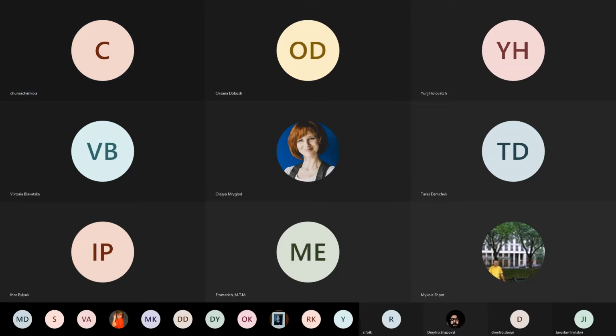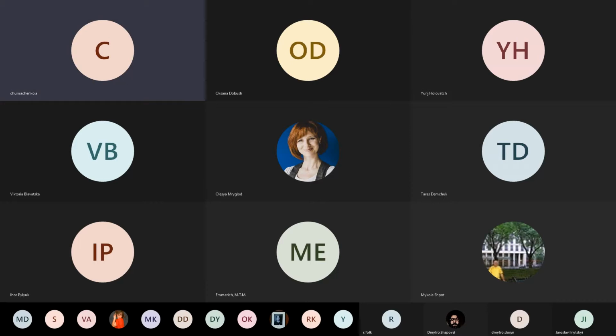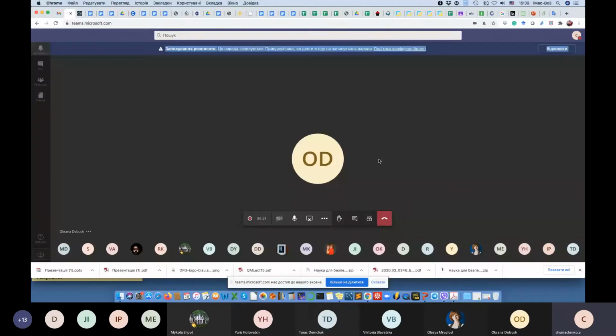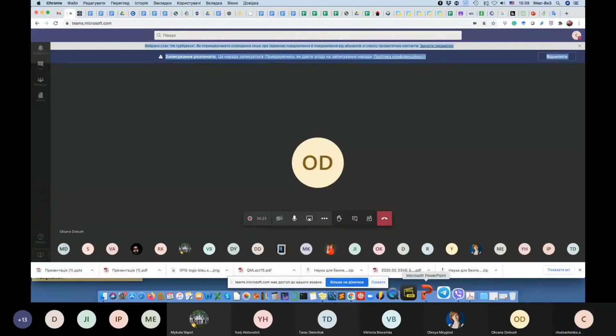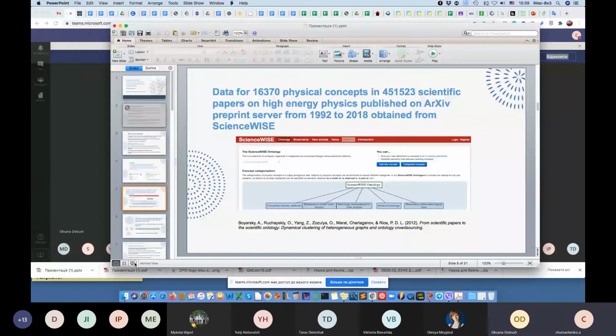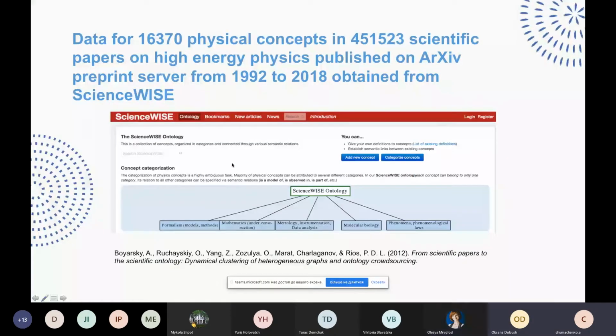I think like this. That's better. Make it full screen, and then I think it would work better. So I made it full screen, so everybody can see everything, right? Okay, it's fine now.